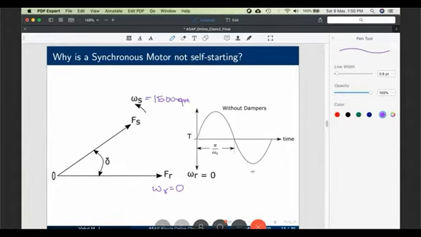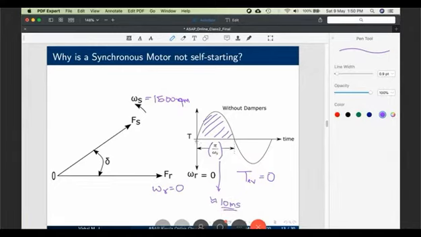The torque is a sinusoidal wave. Since delta varies from 0 to 360, the torque takes a sine wave shape. Average torque is 0, as we have already seen in the last class. Not just that, the rotor experiences positive torque for a duration of pi by omega s, which is approximately, not exactly, 10 milliseconds for a 50 hertz wave.